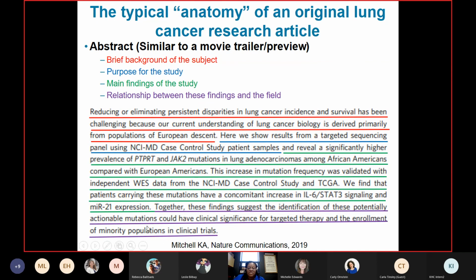And you see here some of the keywords, together these findings suggest. So you're saying, what is the point of this study? So an abstract is a really nice, concise summary to help you understand what's going on in that research article. So sometimes people will look at several abstracts to get a sense of what exactly is going on in the particular interest they have with lung cancer.